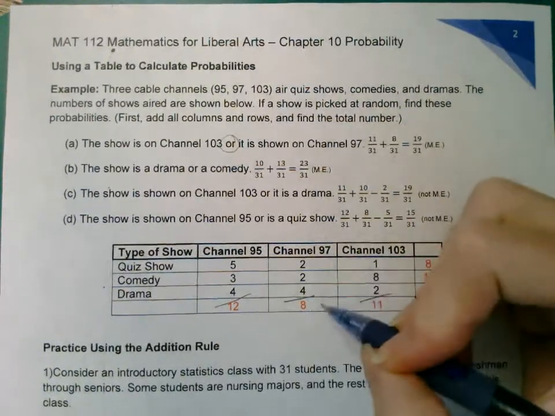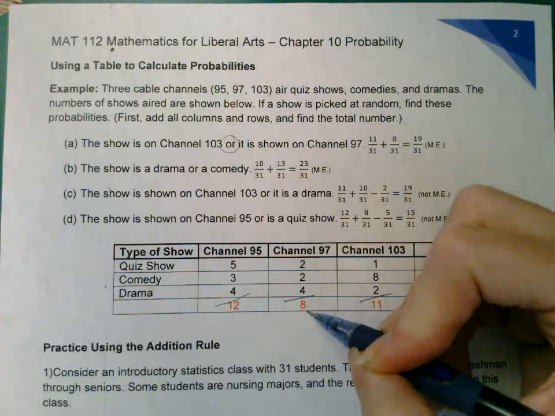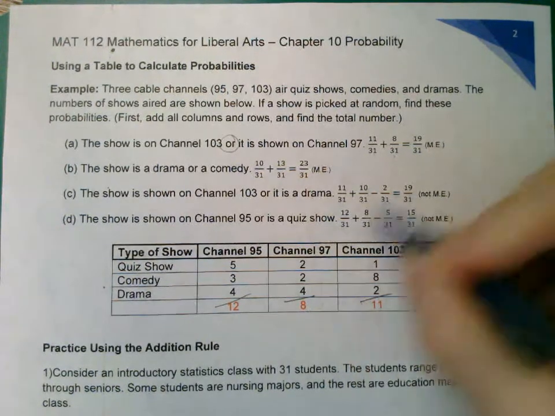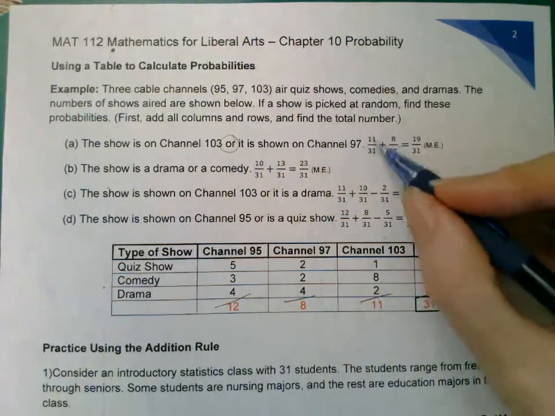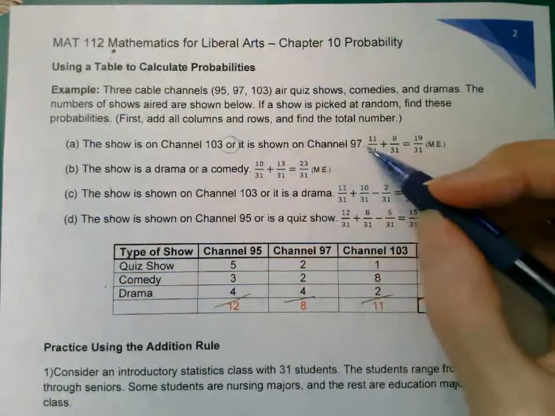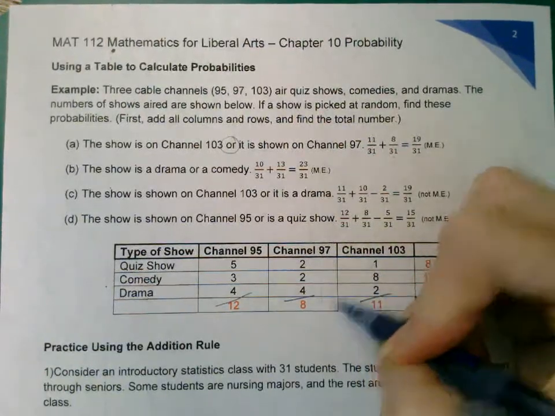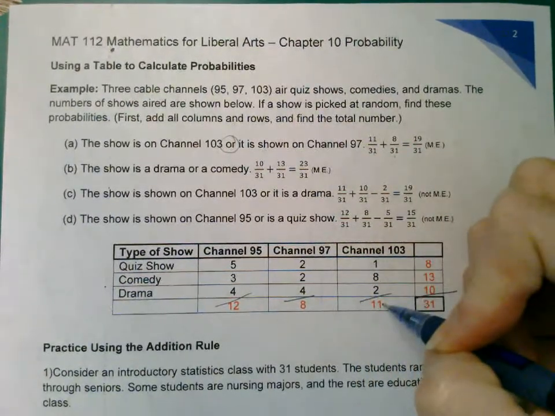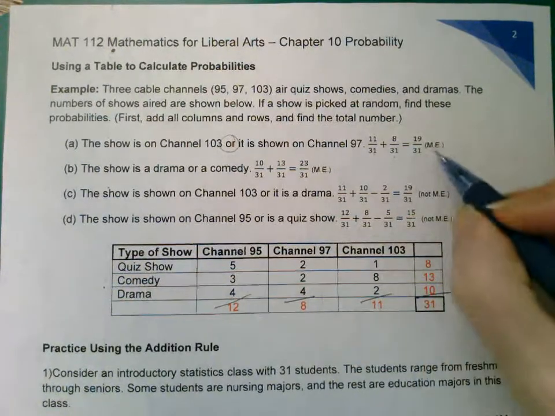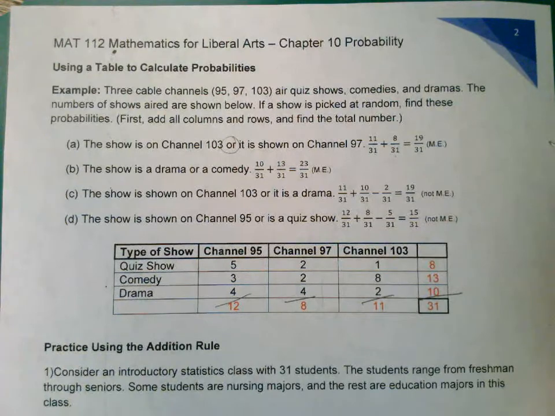So 97 has 8 different shows. Any one of 8 out of 31, any one of 11 out of 31. And because they are mutually exclusive, a show apparently cannot be on 97 and 103 at the same time. So they're considered mutually exclusive.